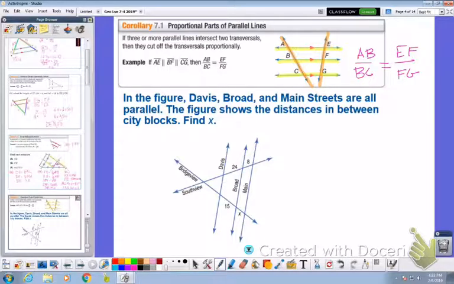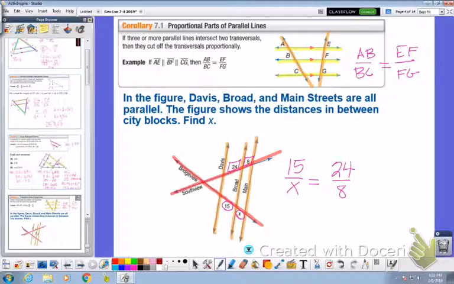They're proportional. So now, if we look at this figure, I know that Davis, Broad, and Main are all parallel. I've got transversals here and here. So now I need to come up with a proportion. I need to come up with 2 ratios. So I can use 15 to X. And then on the other side of that, those parallel lines, using the other transversal, I can use 24 and 8.